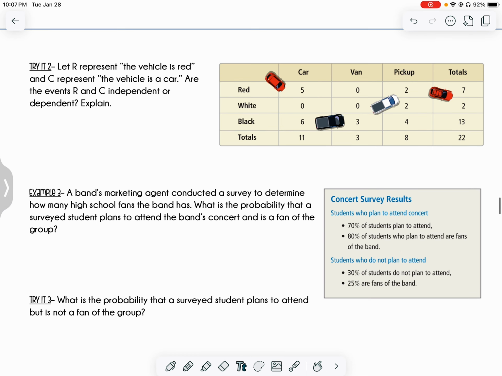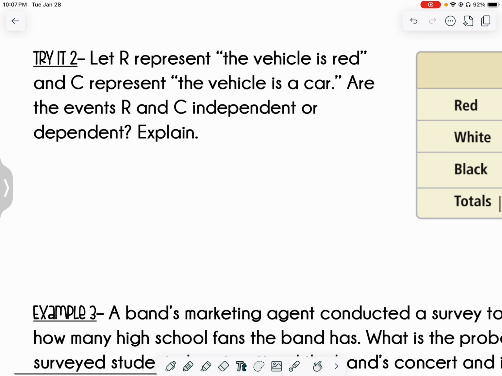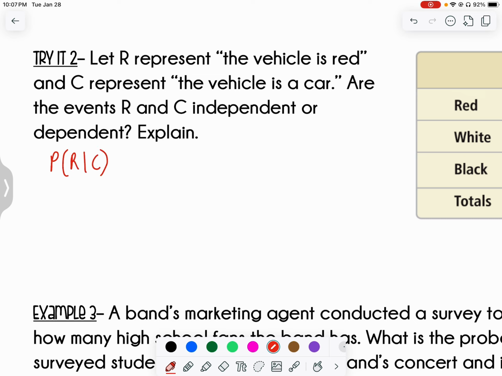All right, go on to the next page, and I actually want you to try out, see if they're independent. And the way that you see if they're independent is you check this. Is the probability of red given C equal to the probability of red? That shows that C does not affect R, or the fact that it's a car does not affect that it's red.